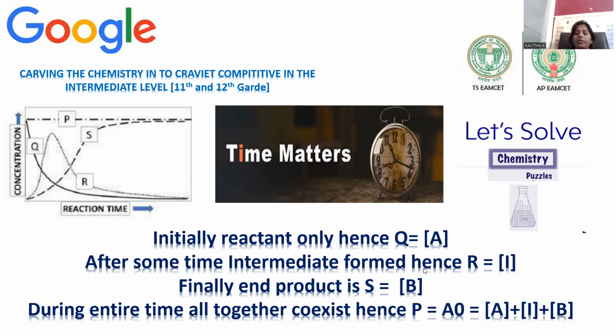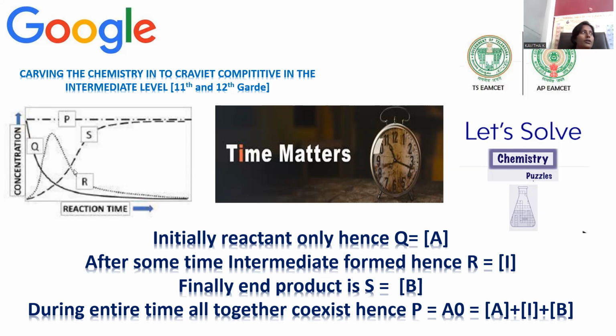Finally, after the intermediate formation, you wait for some more time, and the reaction is completed. If the reaction is completed, you can expect the product, so after R the expected component is the product. So S is the product, given with B.